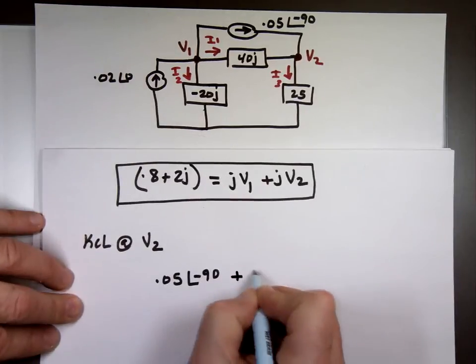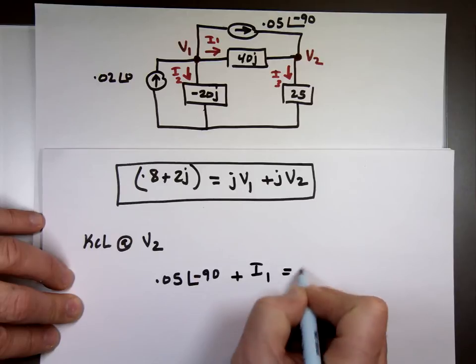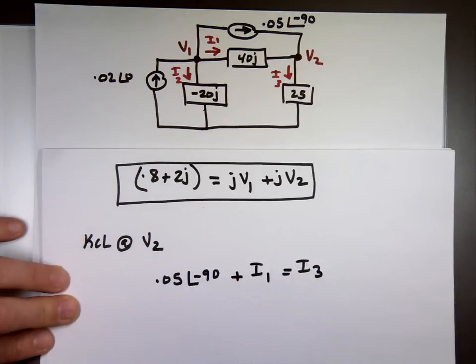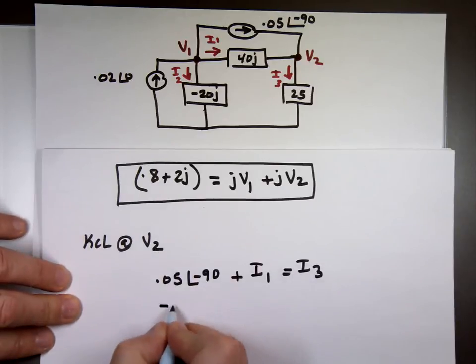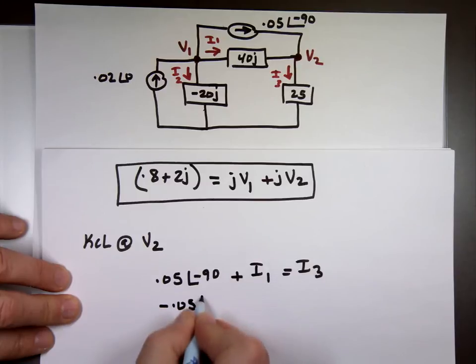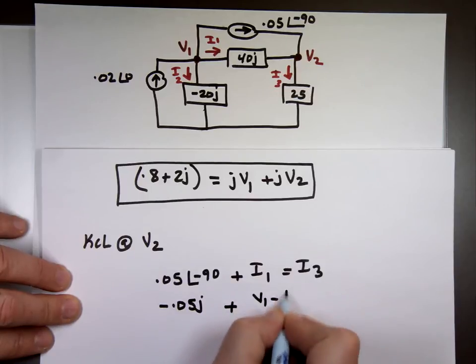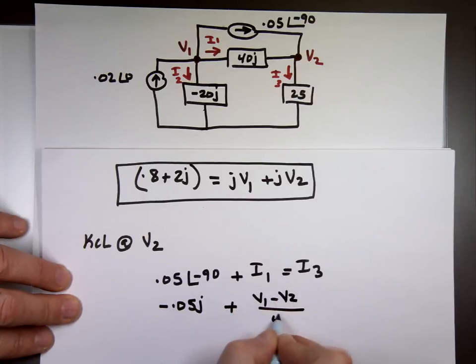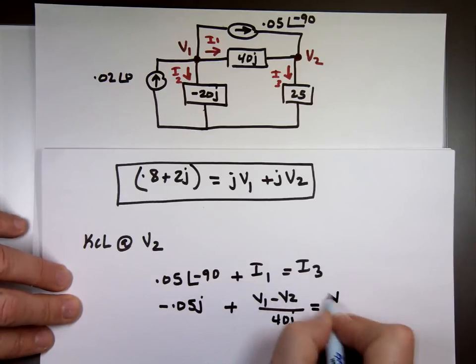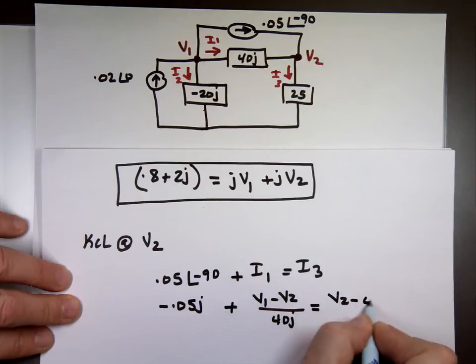I sub 1, what's leaving? I sub 3. This is negative 0.05j, since negative 90 is negative j, plus I sub 1, which is V1 minus V2 over 40j, equals I sub 3, which is V2 minus nothing over 25.